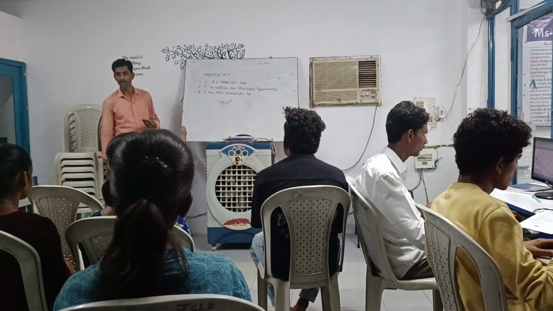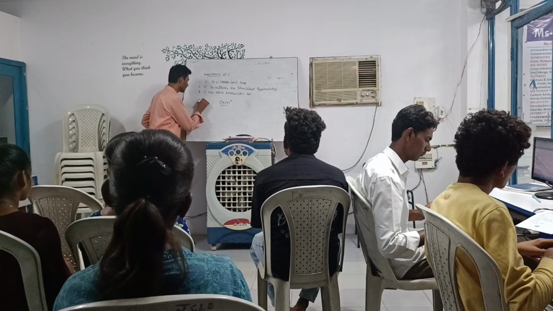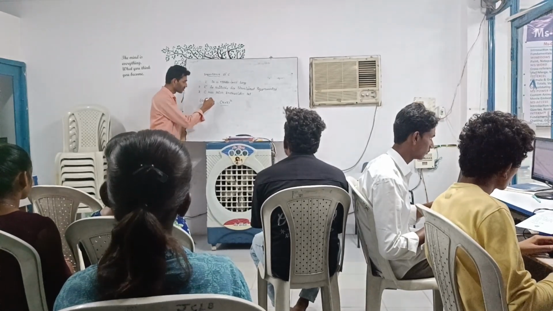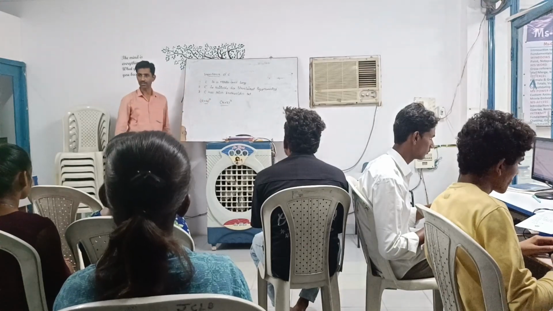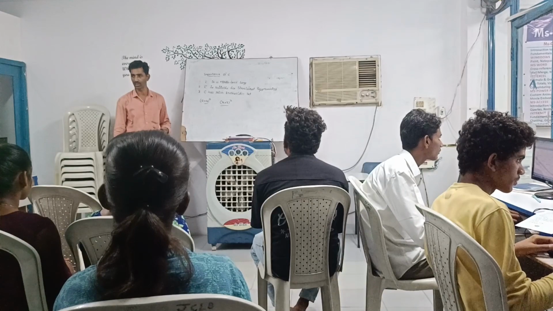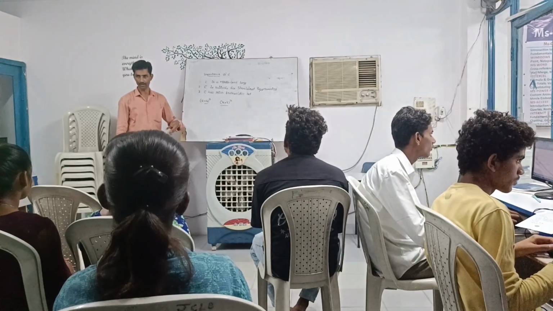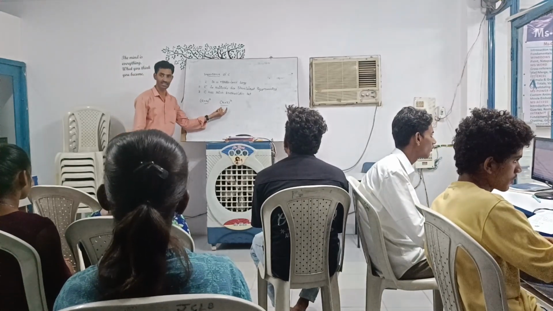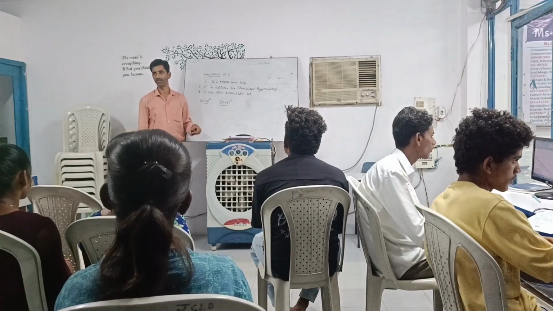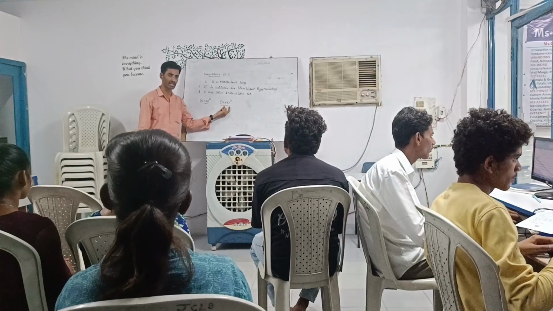A plus b whole square. Who created this one? You only created? No, this formula already exists in mathematics. We are not creating our own formula while simplifying this task. We are following that formula.